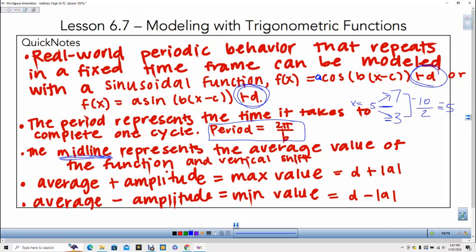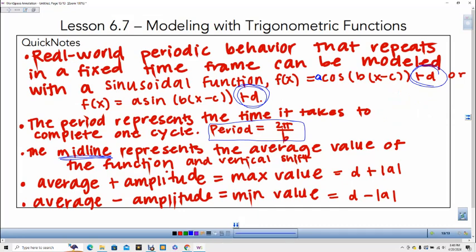So you're doing kind of the same thing, but not exactly. You're actually finding the equation of the midline. Whereas when you take the top one, subtract the bottom one, and then divide by 2, you're finding your amplitude, A.